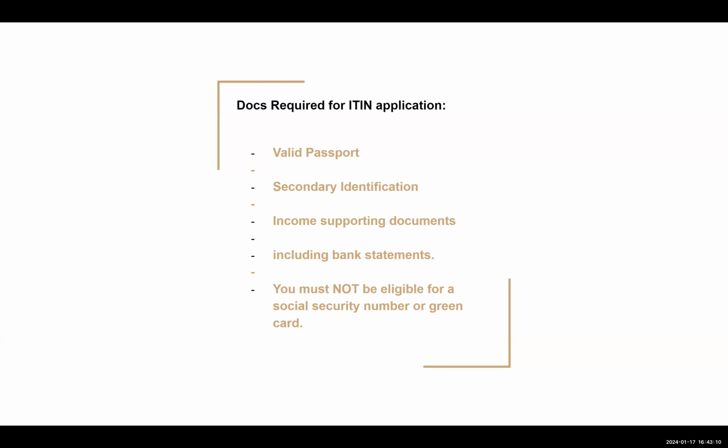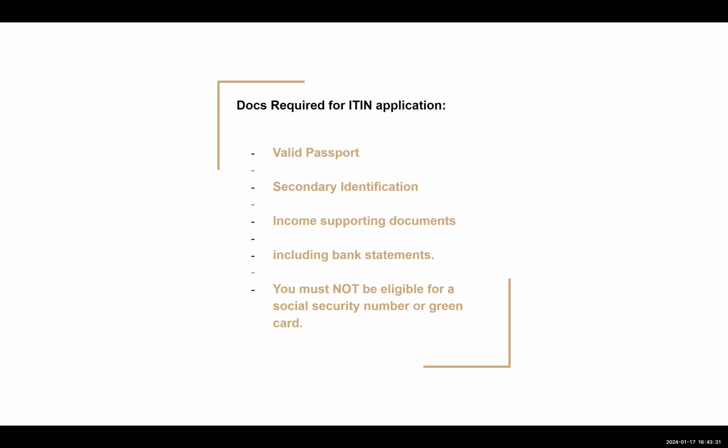For income supporting documents, it could be bank statements. It could be something that indicates an invoice. You issued an invoice or a check, right? So you'd have to provide me with something to show the income that you've collected, so we can use that to file your tax return.